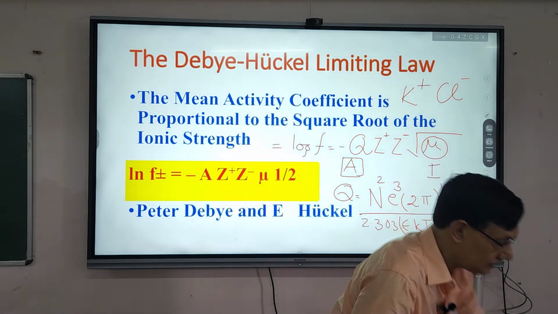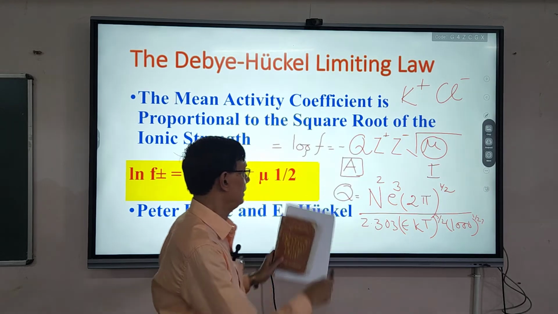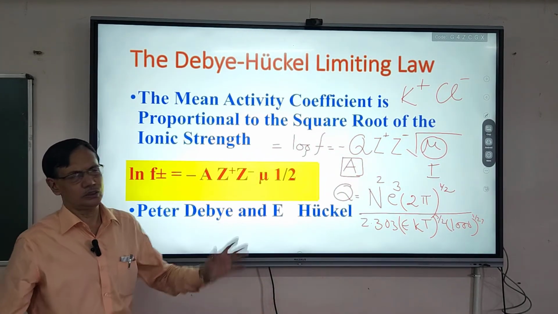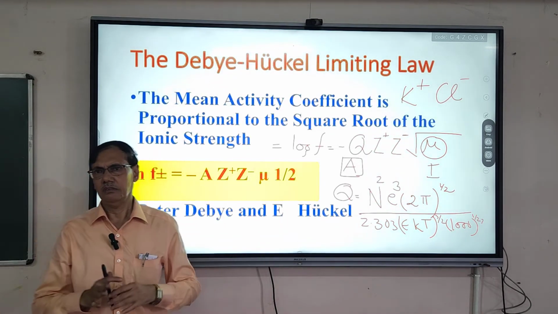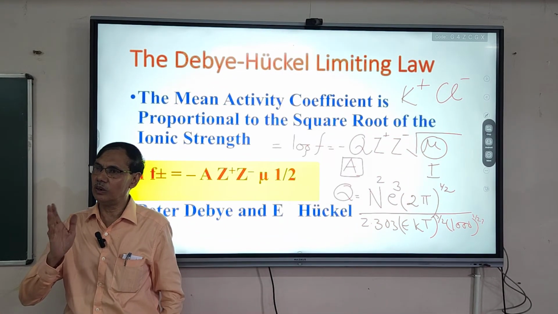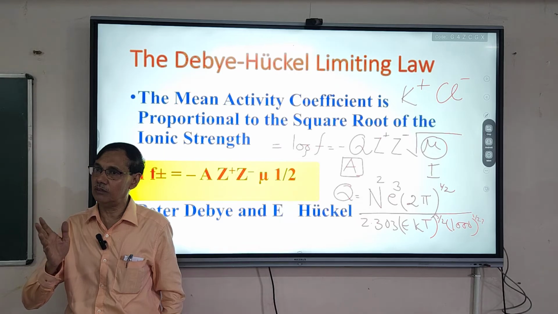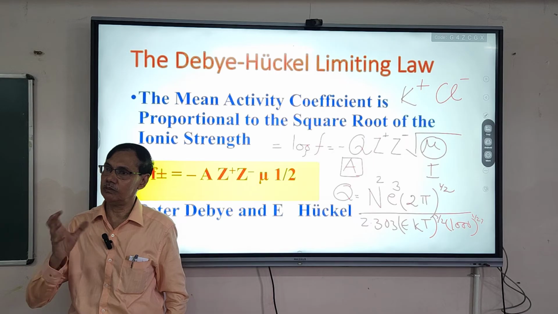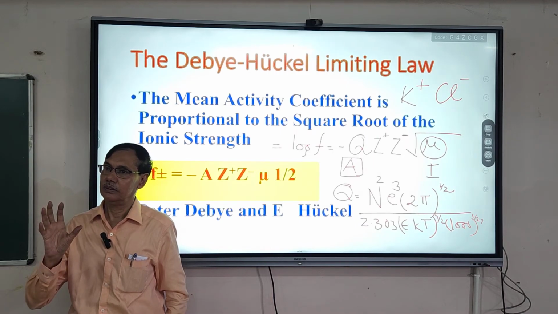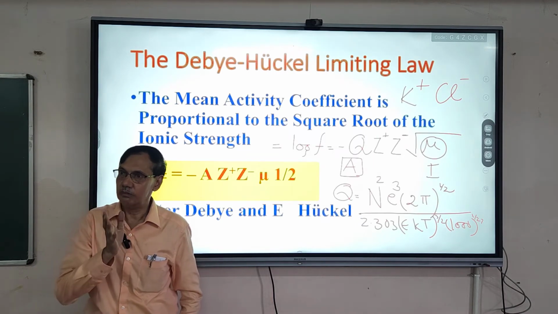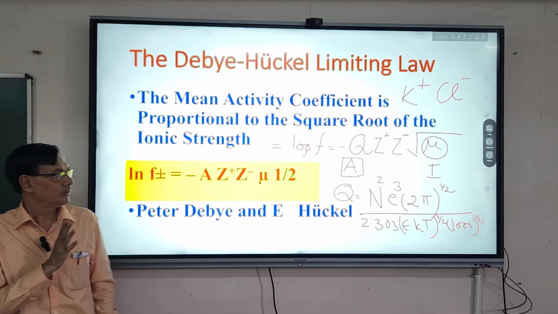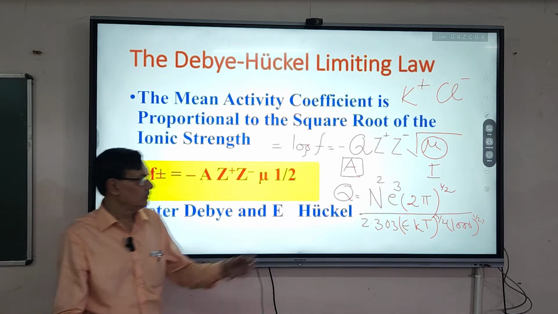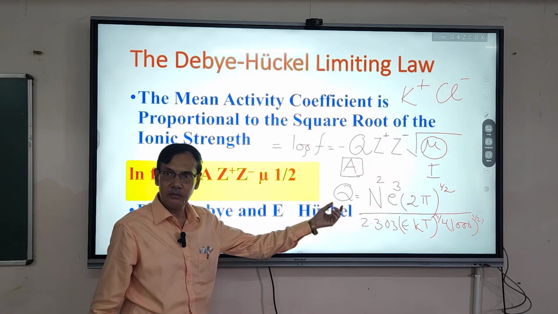If you want to learn these details about this Debye-Hückel theory and what is Q, it is a constant. When you derive the Debye-Hückel limiting law or Debye-Hückel-Onsager equation, you have to explain this thickness of ionic atmosphere, everything. But when you derive the primary salt effect or Bronsted-Bjerrum equation, you just write that Q is a constant value.